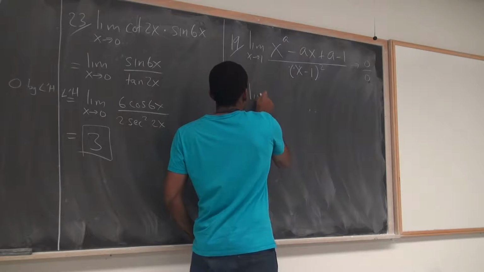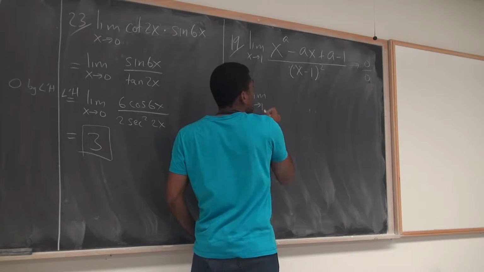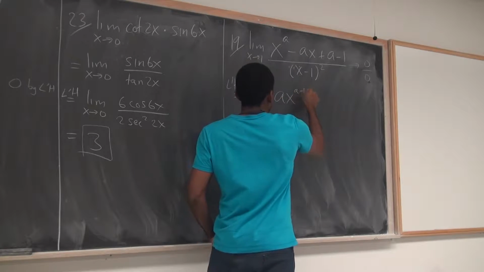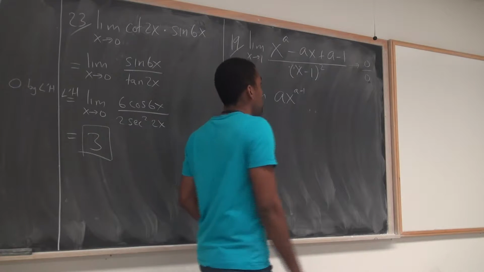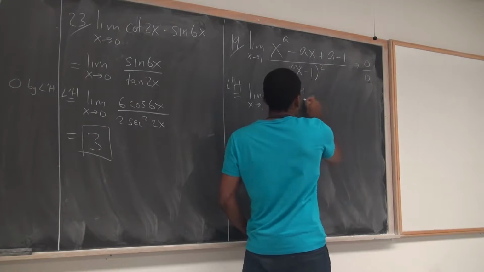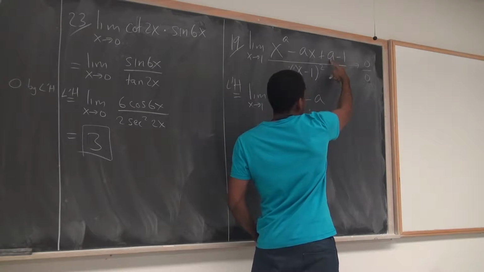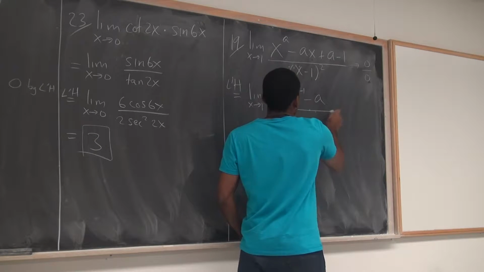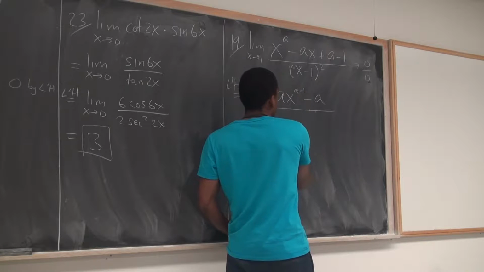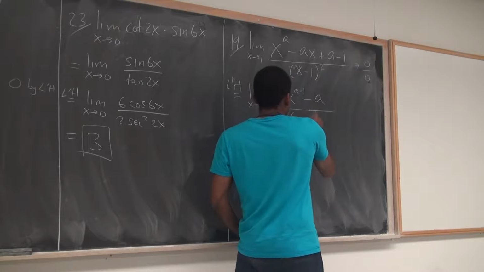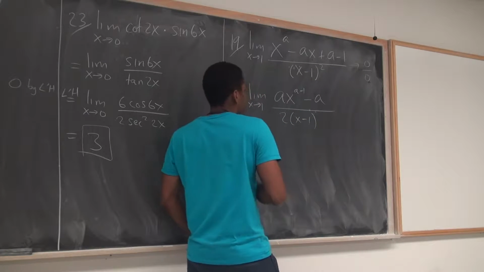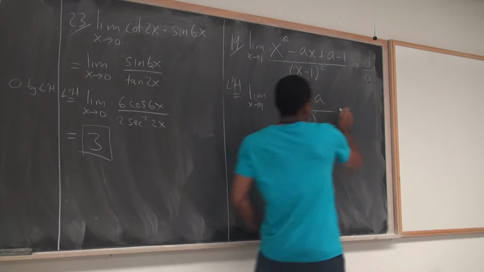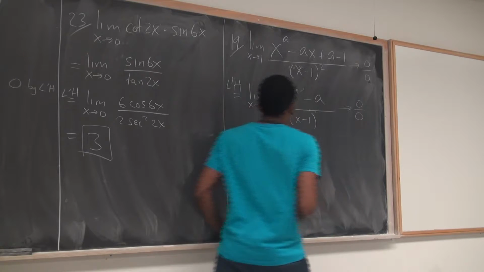What's the derivative of the top? a x to the a minus 1. There's a constant, so you just apply the power rule, minus a, and the derivative of this is 0. And on the bottom, the derivative is 2 times x minus 1. Now what? I got a 0 over 0 again if I plug in x equals 1.